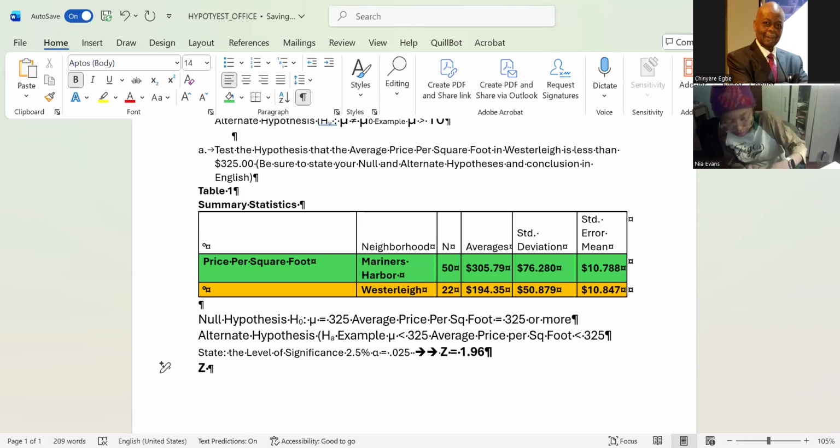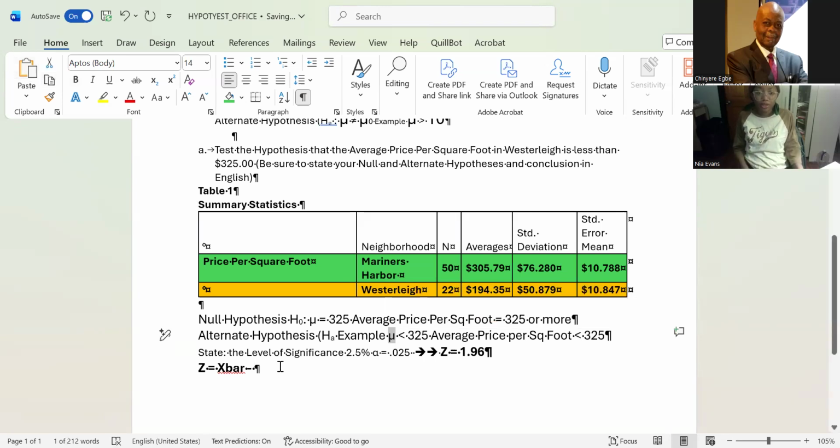So we calculate a Z value which tells us how far away we are, and the Z value will be the sample mean, which I'm going to call X bar, minus the hypothesized mean. This would be represented by Z star, right?